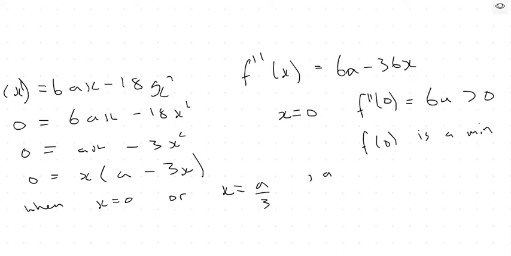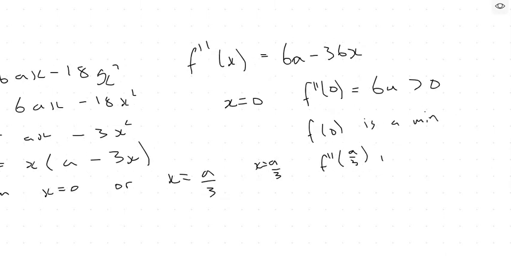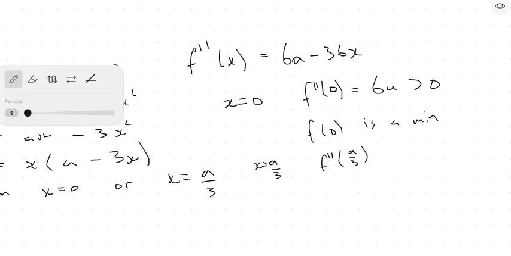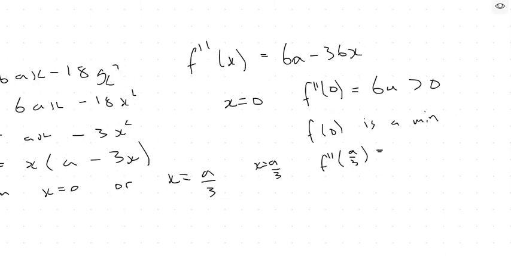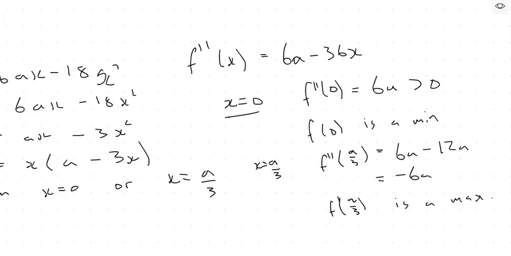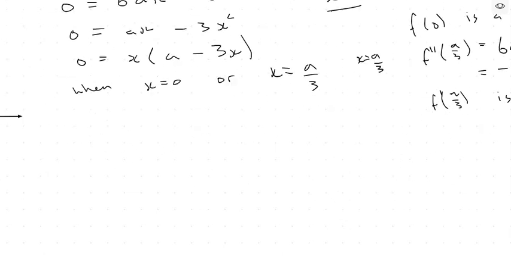And when x equals a over 3, f dash of a over 3 is 6a minus 12a, which is negative 6a. So f of a over 3 is a maximum. Okay, so we never need to worry about the minimum. We only need to care about the maximum, f of a over 3.